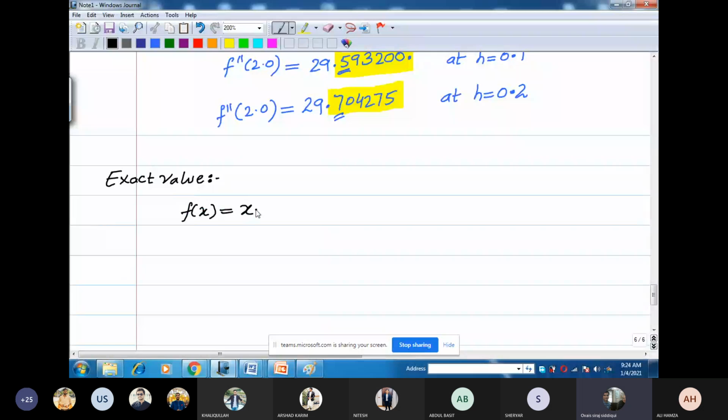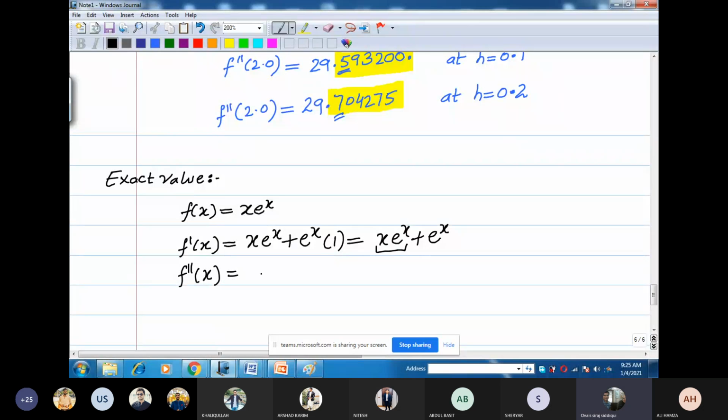F of x is x e^x. The first derivative will be, by the product rule, u times the derivative of v plus v times the derivative of u: x e^x plus e^x. Now take the derivative again. What is the derivative of x e^x? It is x e^x plus e^x, and the derivative of e^x is e^x. So 1 plus 1, that is 2, e^x plus x e^x, giving x e^x plus 2 e^x.